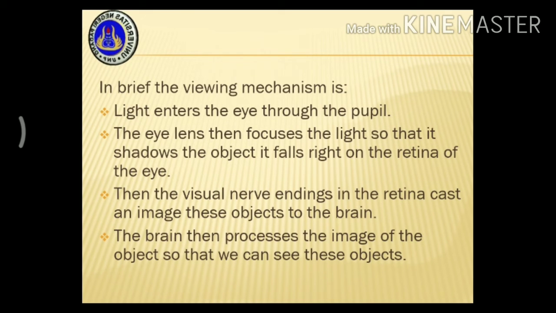In brief, the mechanism is: light enters the eye through the pupil. The eye lens then focuses the light so that the shadow of the object falls right on the retina of the eye. Then the vision nerve endings in the retina send this object to the brain. The brain then processes the image of the object so that we can see it.